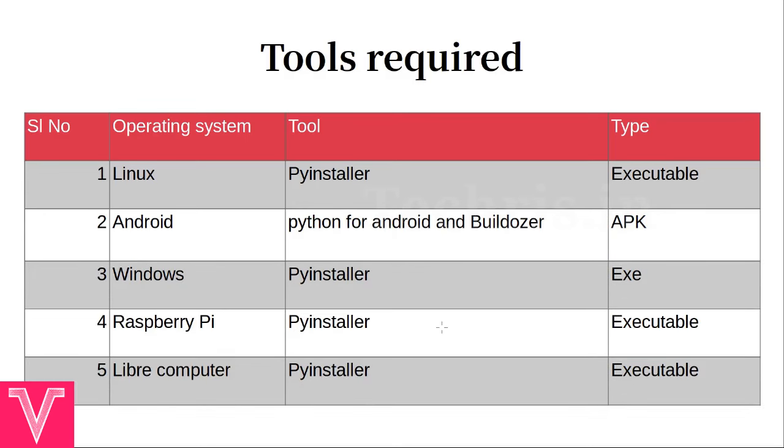For Raspberry Pi and Libre computer, you have Pyinstaller. Though Pyinstaller is used in all these operating systems except Android, you need to run Pyinstaller in each operating system to get the executable. So you will get the executable, APK or exe based on your choice of operating system.